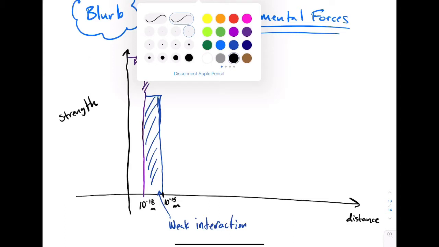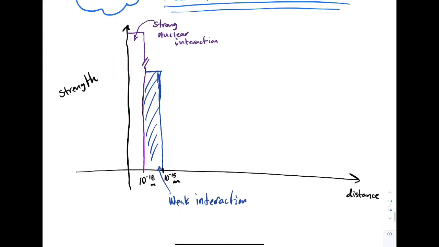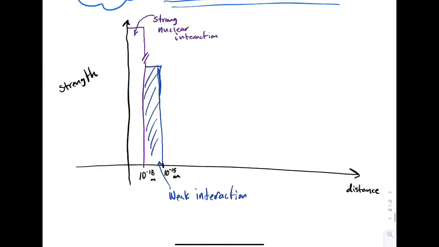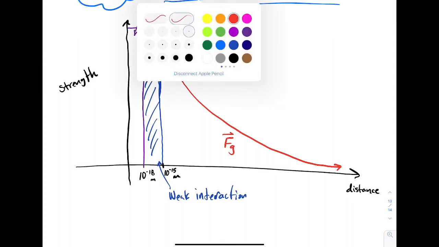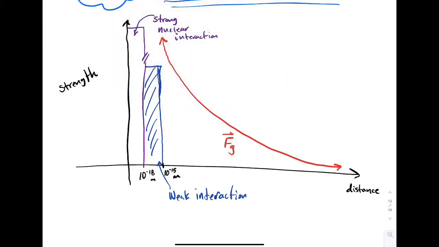The first will be the force due to gravity. We talked extensively about the force due to gravity in Physics 1. It was an inverse square. And now, in this class, we're adding a couple other forces that really are inextricably connected, like so.